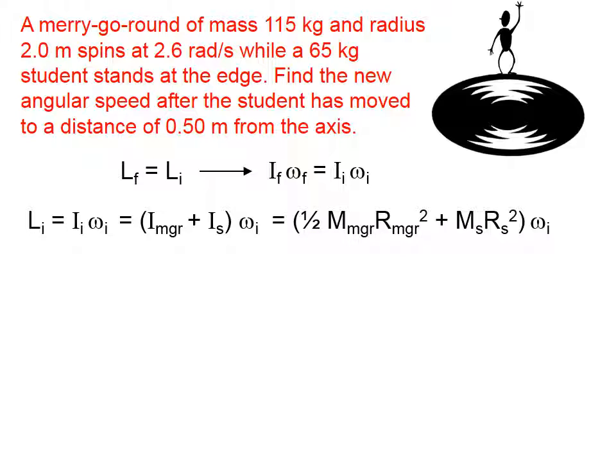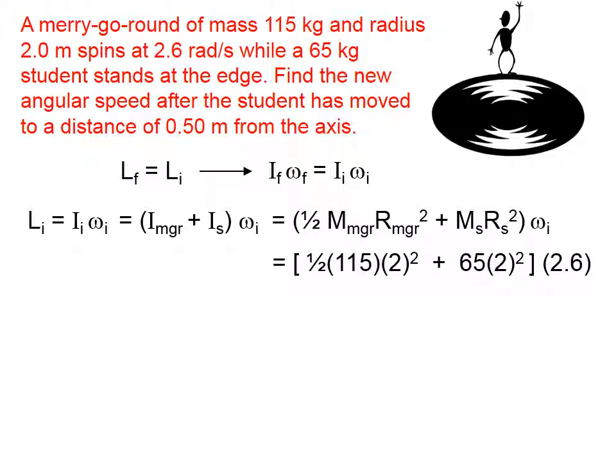We're going to consider the student to be a point mass that's a certain distance from the rotational axis, mr squared. Again, these equations are from a table of moments of inertia values, where we're considering the merry-go-round to be a uniform disk spinning about its center, and we're considering the student to be a point mass at a distance r from the center.